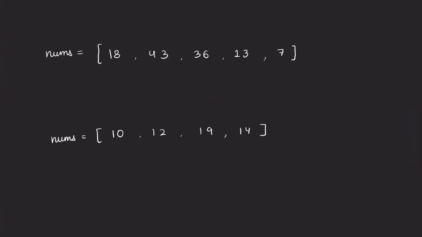So what they are saying is that in the input, we are given an integer array nums. Now from this array, we need to select two indices i and j. These two have to be different such that the sum of their digits is equal, right? So if I write the sum of digits of all these numbers, for 18 it will be 9, for 43 it will be 7, for 36 again 9, for 13 it will be 4, and for 7 it will be 7.